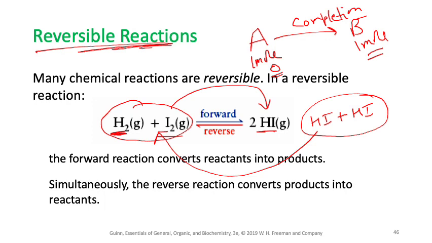So we call this a reversible reaction, where the reactant converts into a product, and after some time the product by itself reacts with each other to convert back into a reactant, right? So the forward reaction converts reactant to product. Similarly, the reverse reaction converts product to a reactant, and we call it a reversible reaction.